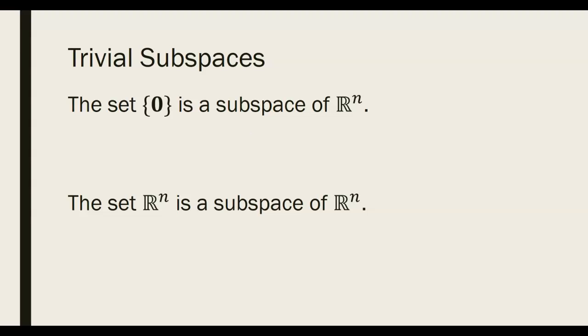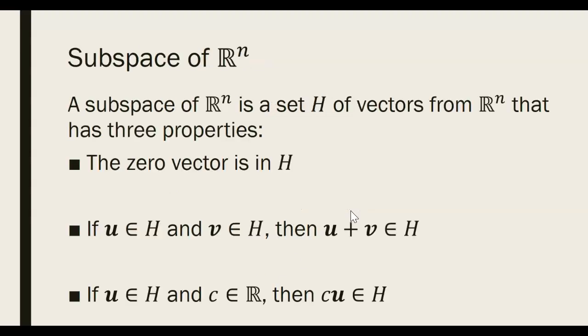All right? Another trivial subspace of Rn is Rn. Think about it. If we're in Rn, then we must have the 0 vector. If you have 2 vectors that are n×1 and you add them, you're still going to get an n×1 vector.